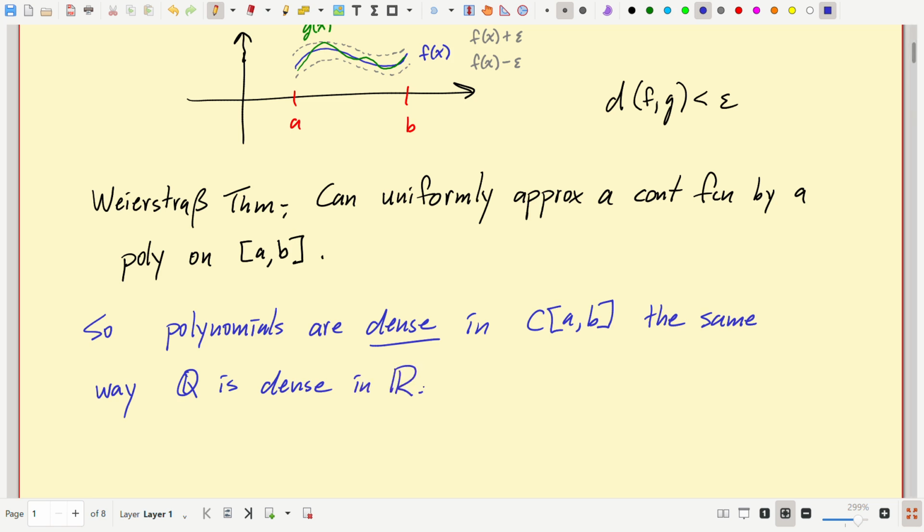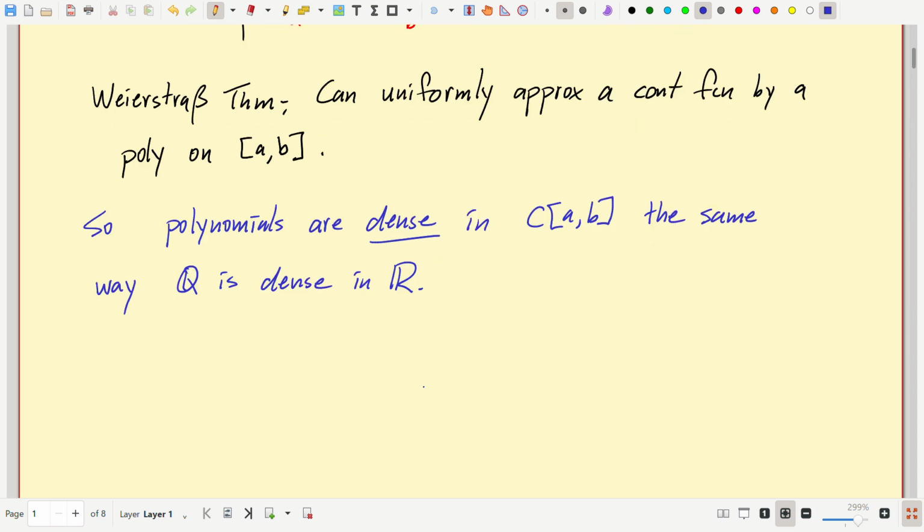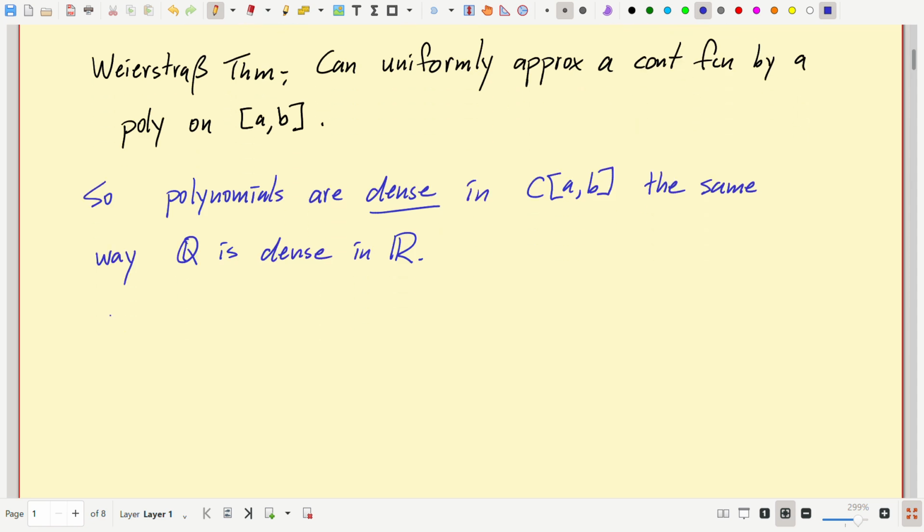You can also think that C[a,b] is complete. Think what that would mean.